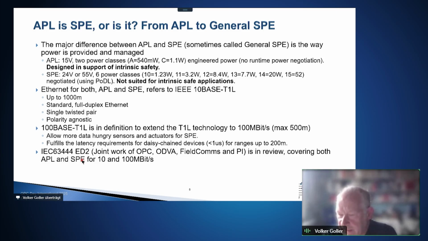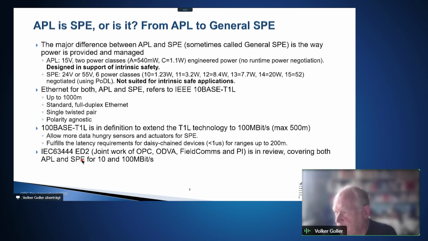And in the latest edition of the IEC 63444, which has been completed just before the Hanover show this year, a joint working group of OPC Foundation, ODVA, Fieldcomm, and Profinet has been completed.